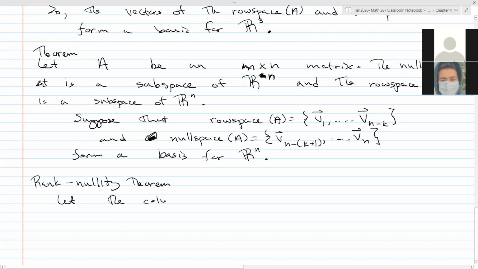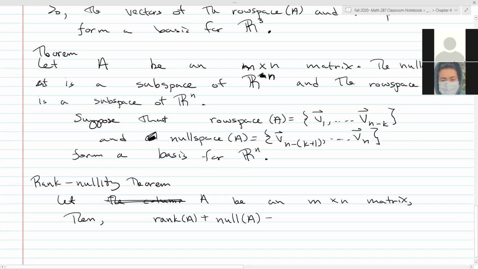Okay, so we've got the rank-nullity theorem, and here's what it says. Let A be an M by N matrix. Then the rank of A plus the null of A, which I'll define in just a second, will equal N, the number of columns.